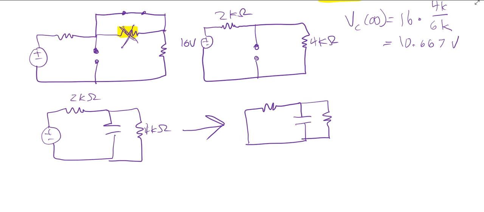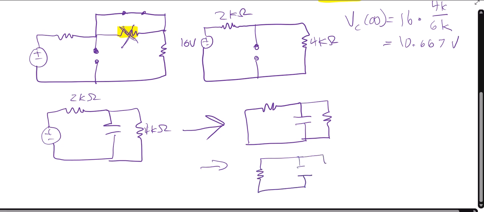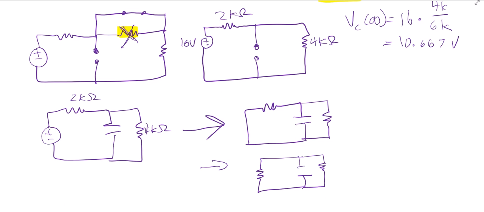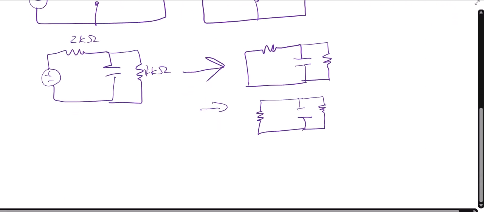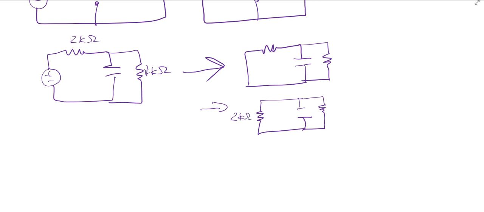It might be a little easier to see if I draw it like this. I can see that from the point of view of my capacitor, the two resistors are in parallel. So this one was a 2 kilo ohm resistor, and this one was a 4 kilo ohm resistor.